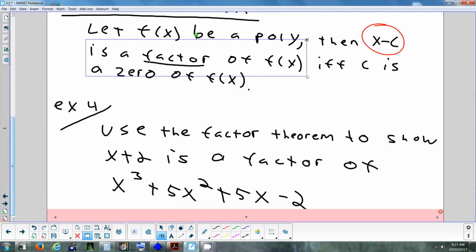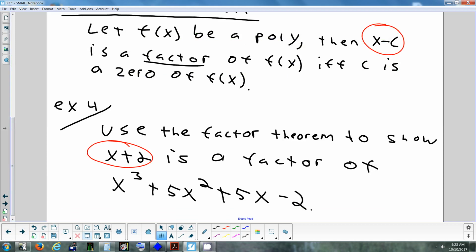All right, so this says to use the factor theorem to show that x plus 2 is a factor. So what does that mean we really need to do? Rather than do out the whole division, we just have to hope that when you divide these two things, you get a remainder of what? 0. That idea that J.N. just said, that's the factor theorem.